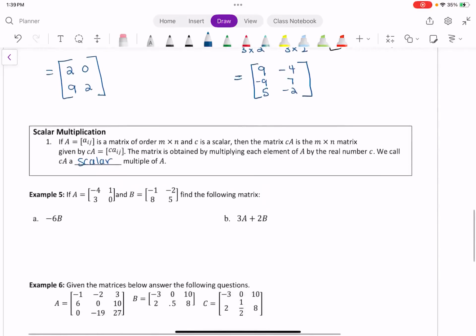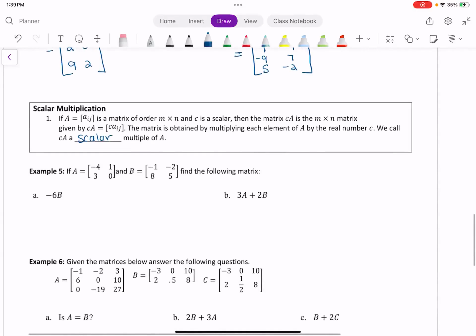Scalar multiplication is another operation with matrices, and what we do is we multiply a given number into the matrix by multiplying the number times each element. Example 5a. We have -6 times matrix B, going to multiply -6 times -1, -2, 8, and 5. Going to multiply -6 to each element.